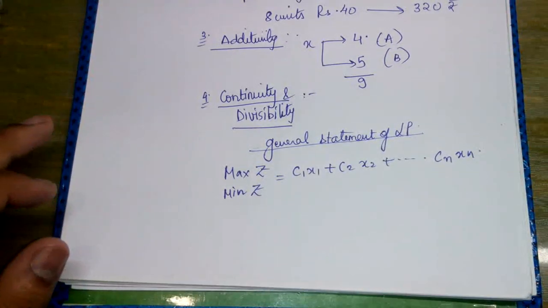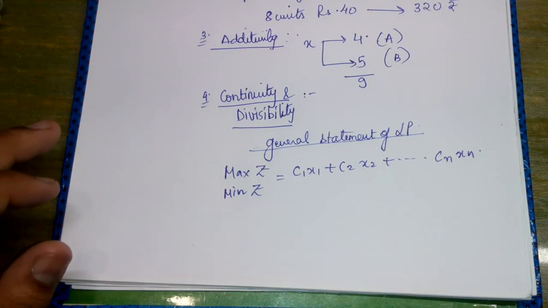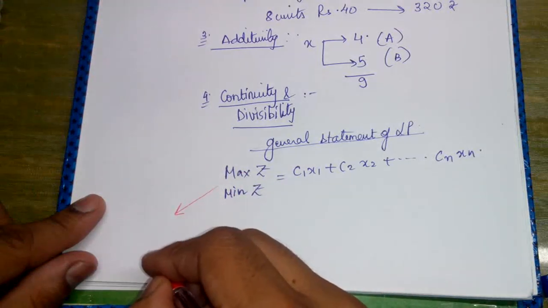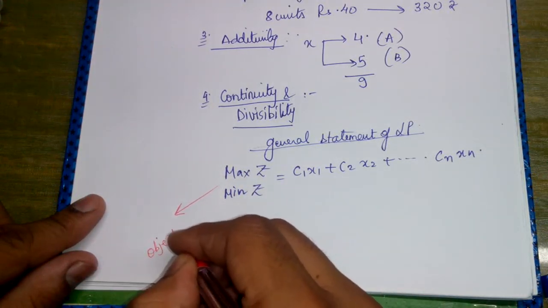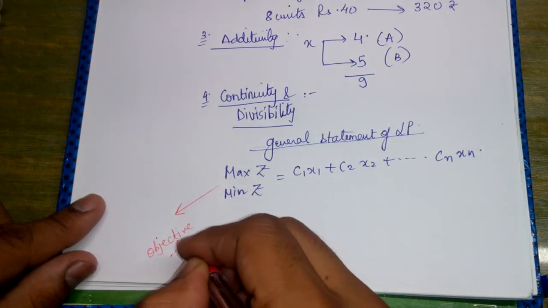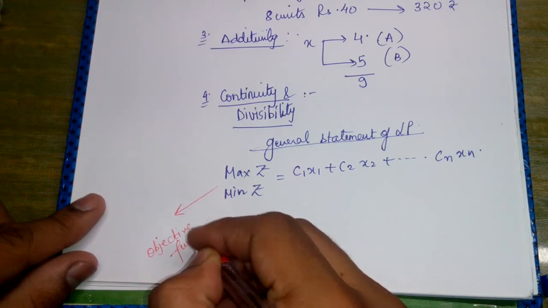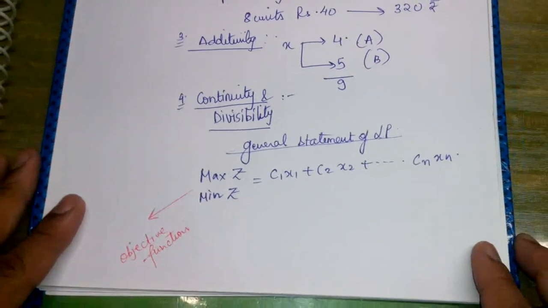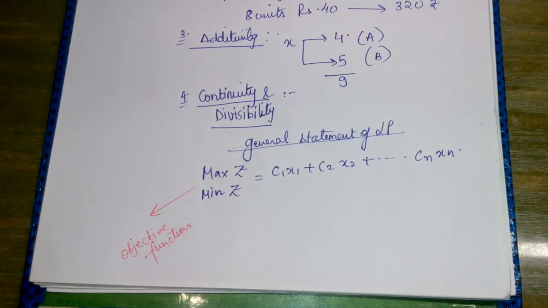So the first thing that we have to mark here is this is actually our objective function, that needs to be either maximized or minimized.